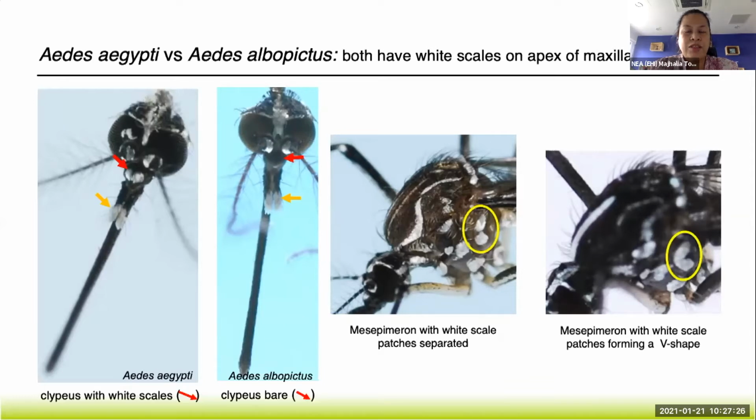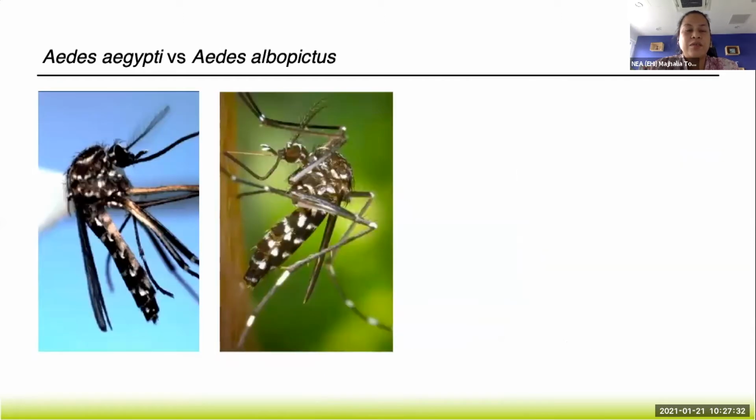However, this is not the only characteristic that you can look out for between the two species. Additional characteristics will be found on this specimen. So the one with the blue background, can you tell me what mosquito this is? This is from the side view. Can you guess? The one with the blue background? Yes, this is Aedes aegypti.